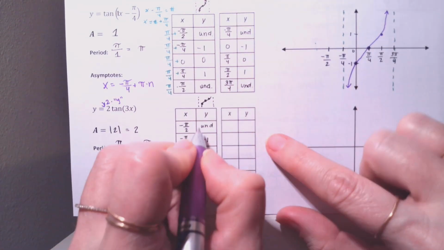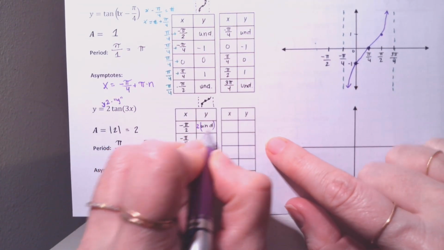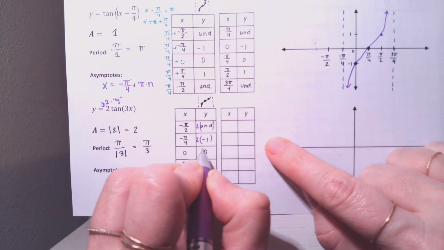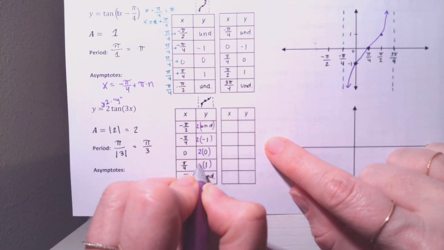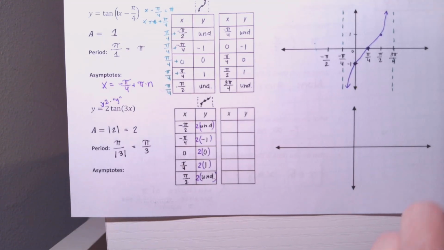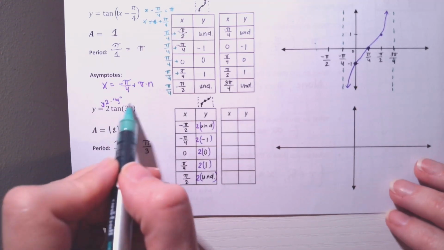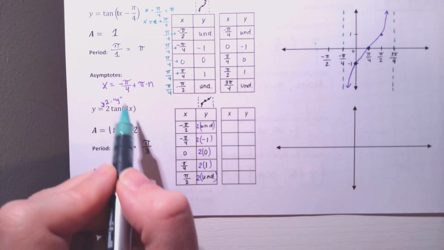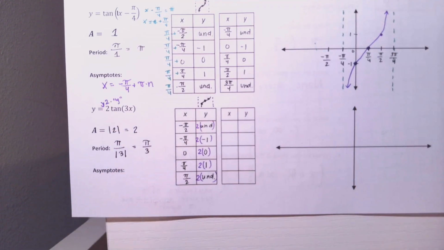2 times y's. So on these, even though we have a vertical asymptote there, I'm still going to write it. It doesn't change it though. 2 times the asymptote doesn't change the asymptote. And then for the x values, this one is inside the parentheses, so I know it's going to change the x's.